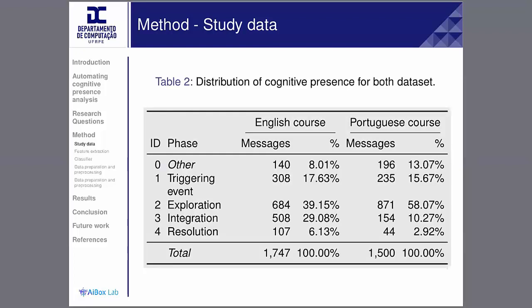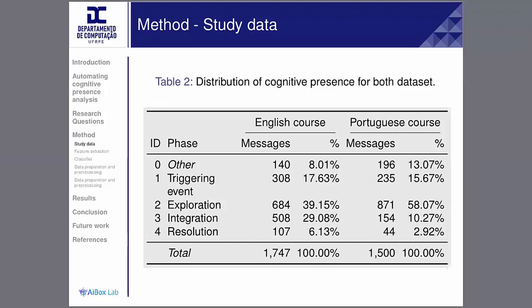Well, here we have the distribution of the messages in each data set. As you can see, we have an imbalance scenario here. We have 5 classes: 4 phases of the cognitive presence, and another class, other, for when we can't match any of the 4 phases.